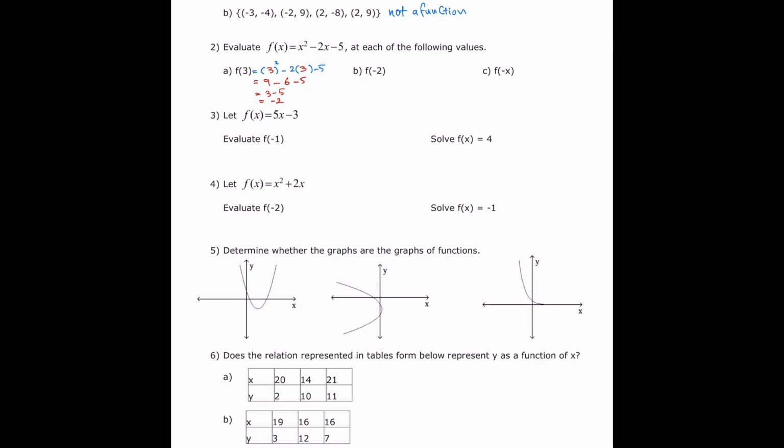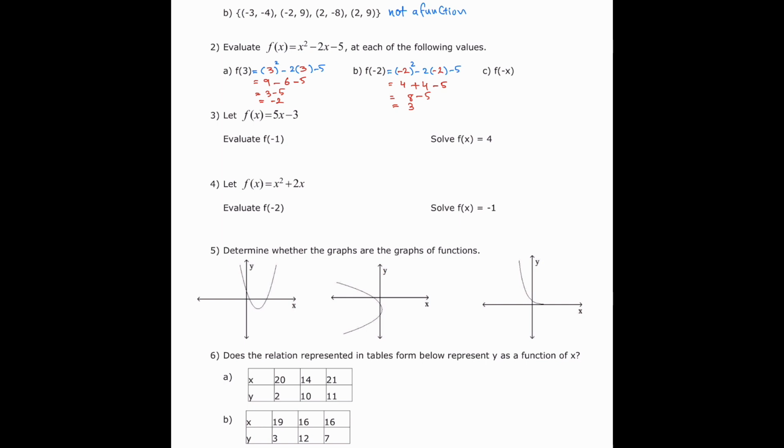The second one, again, I will remove the x and I will place a placeholder, and then I will plug -2 in there. -2 squared is +4 minus 2 times -2 is +4 as well. So +4 minus 5. 4 plus 4 is 8 minus 5. 8 minus 5 is 3.